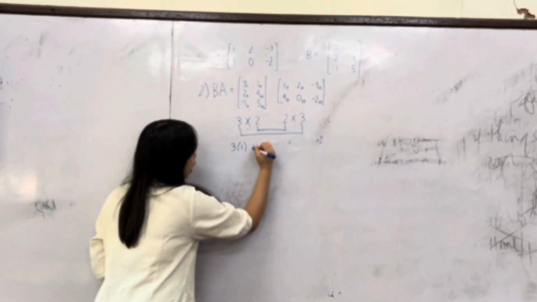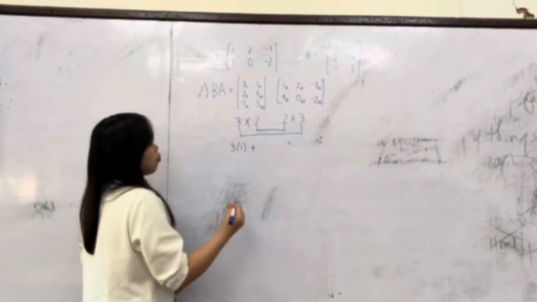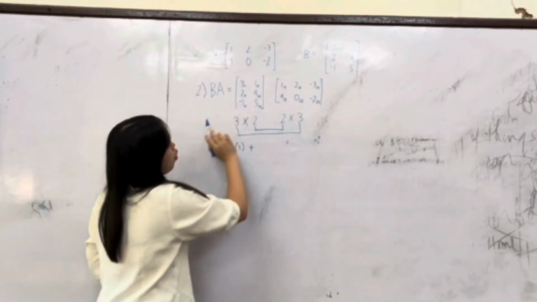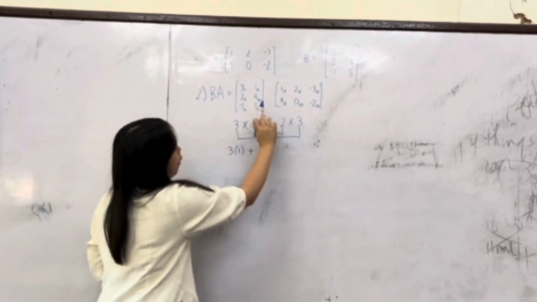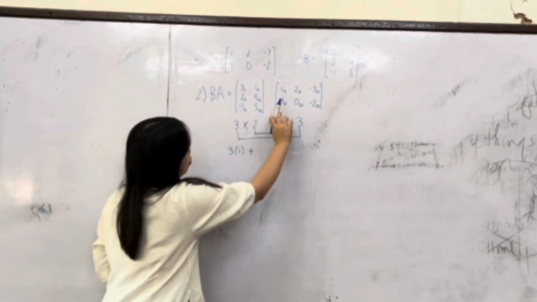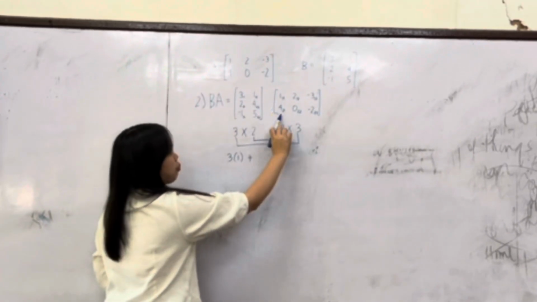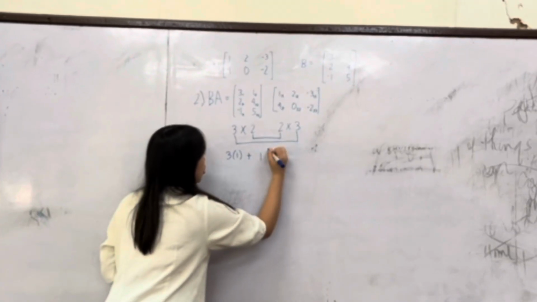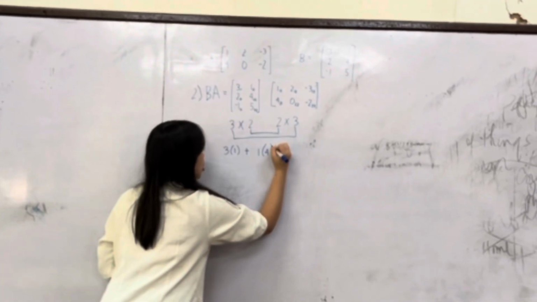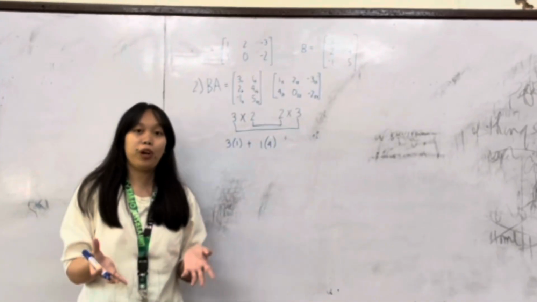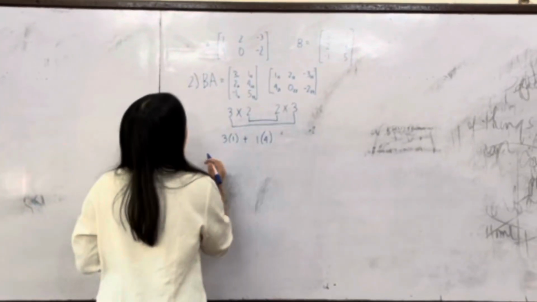And we will add b sub 1, 2 multiplied to a sub 2, 1. So that will be 1 multiplied to 4. And by the way, the technique we use here is the diving board technique.